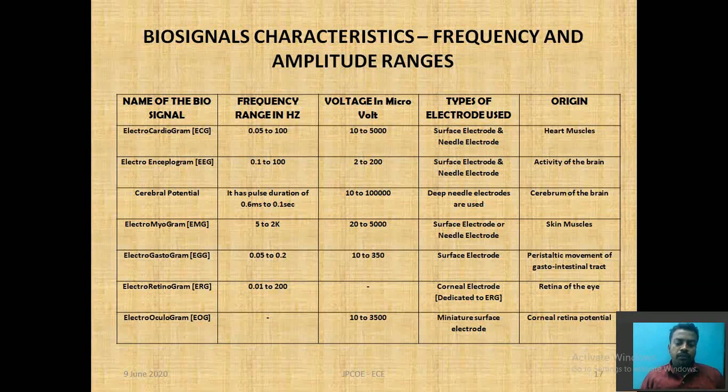We are measuring the potential taken from the retina of the human eye. A corneal electrode is used here. The retina of the eye is the origin of this potential.